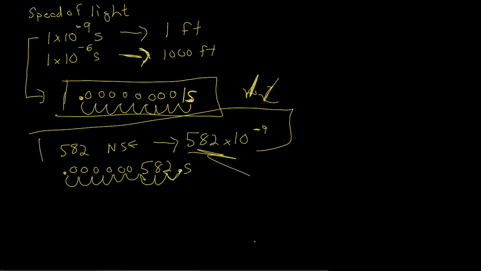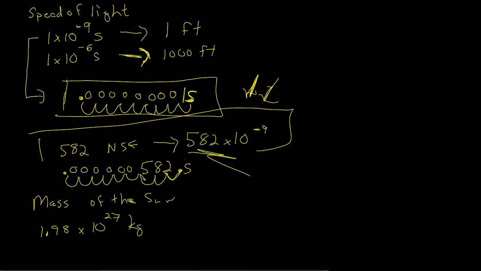It's easier to write when dealing with small or very large numbers. Some numbers would be really weird to write. The mass of the sun in kilograms is 1.98 times 10 to the 27th kilograms.